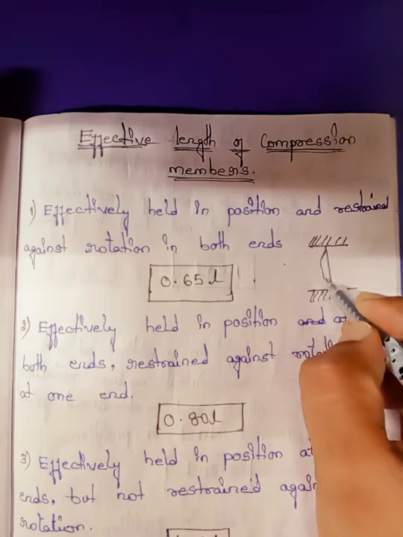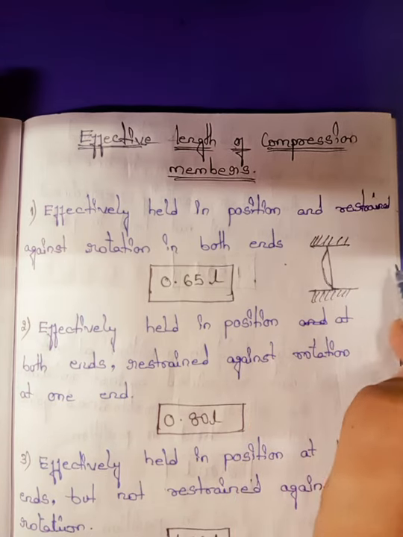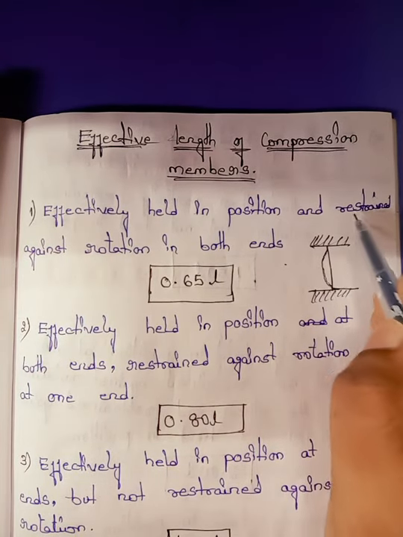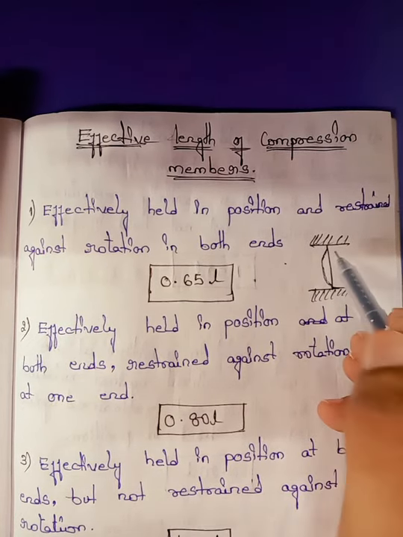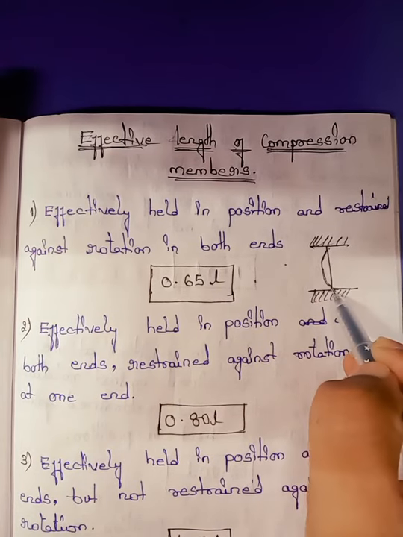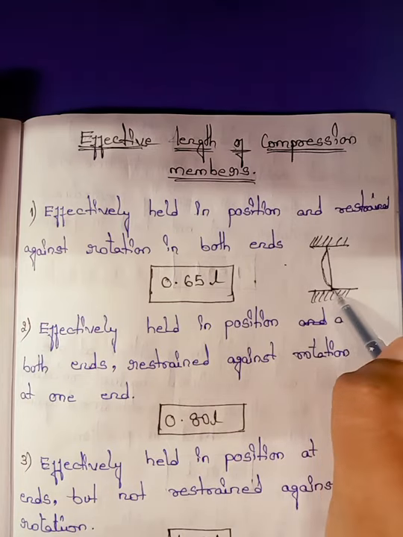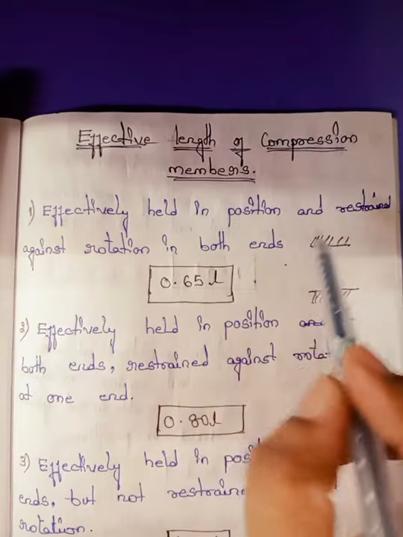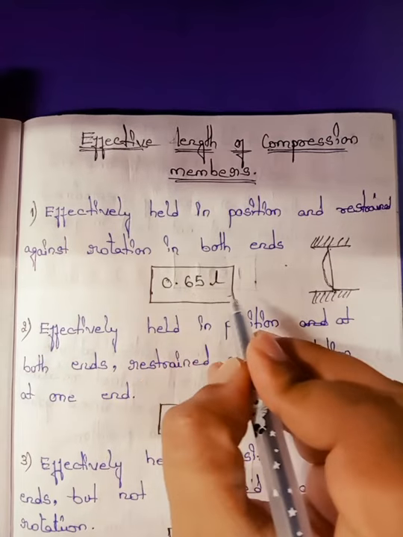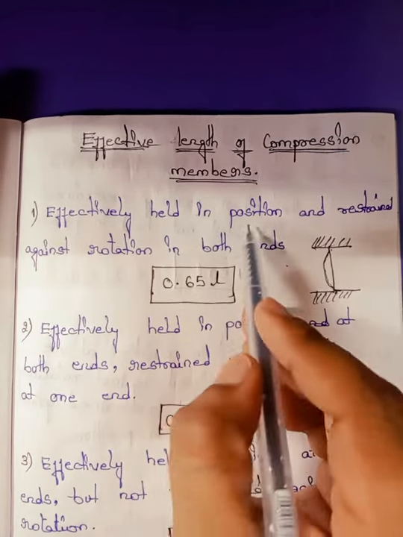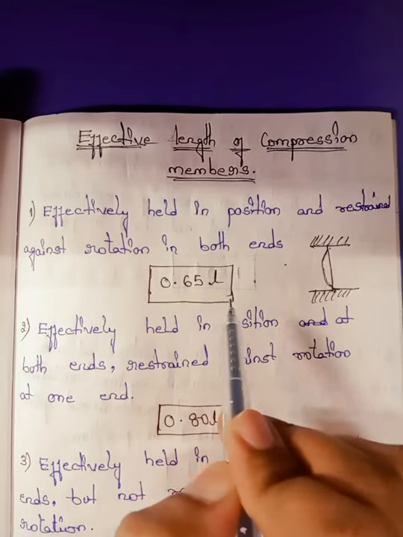It is not changing its length, which is restrained. So in another way, you may come across this, that both ends are fixed. What is the effective length for both ends fixed? Then it is 0.65 L. So for effectively held in position and restrained against rotation in both ends, the effective length is 0.65 L.